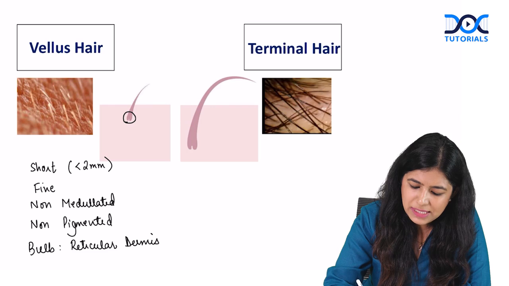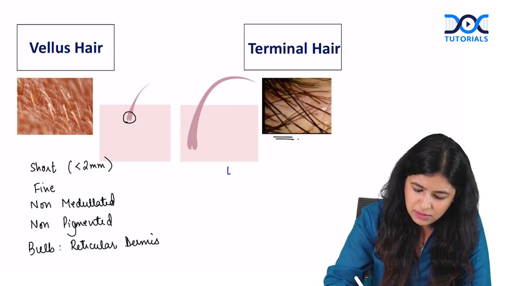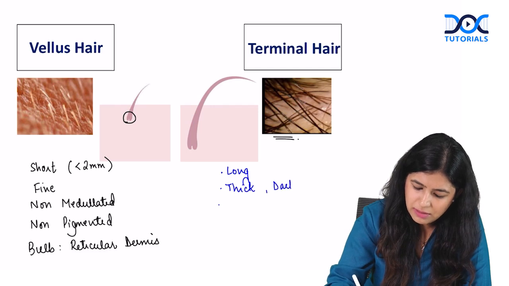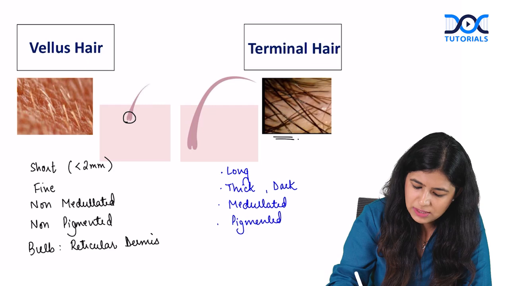On the other hand, you see these terminal hair in this picture. They are capable of growing very long. Then they are thick, dark hair which have a medulla, and they are pigmented. So everything is opposite here.